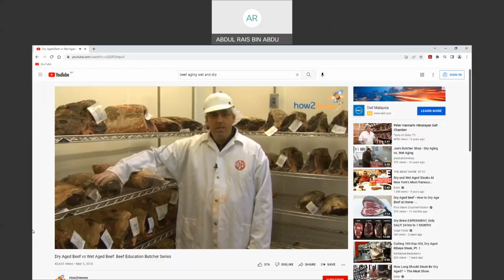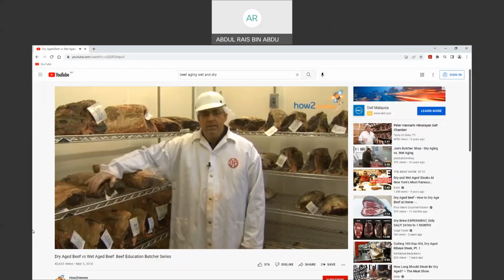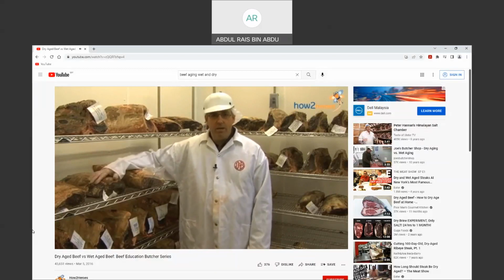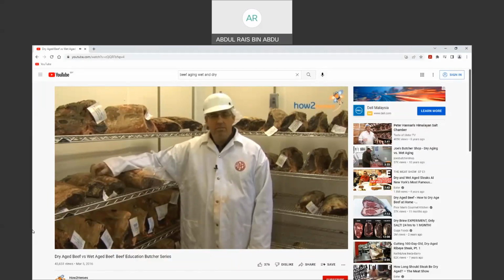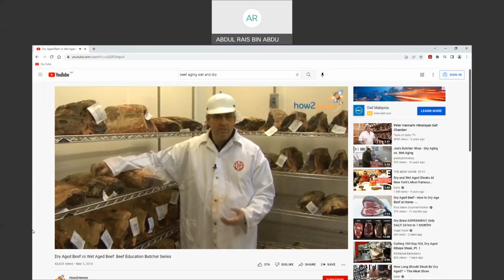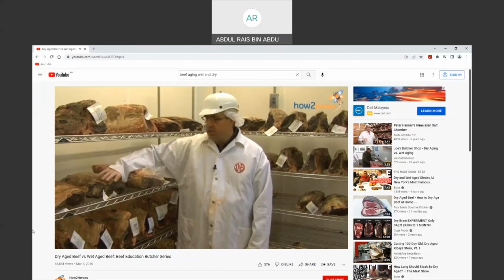So the lean muscle part of it actually shrinks around the fat, makes the fat more pronounced, which gives it more flavor. There's also a bacteria that creates a flavor profile, a kind of smoky, nutty flavor in the dry aging process that's very desirable, gives it a very robust meat flavor. And that's the key to dry aging, is to get that flavor.